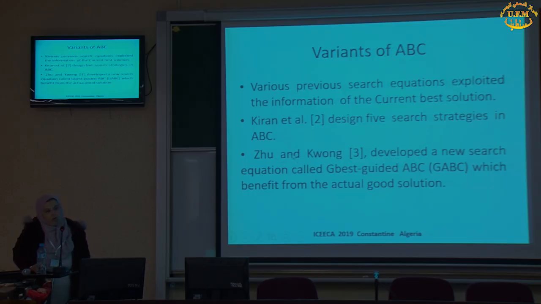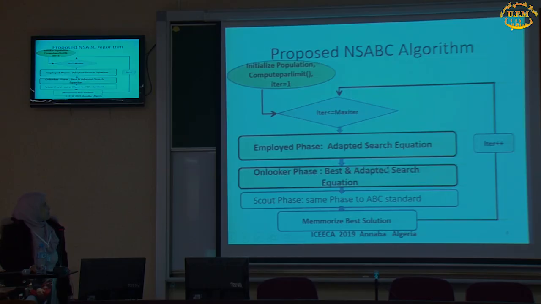We don't claim that our work is the only work done, but this is another approach. Zhu and Kwang profit from the actual best to search in the neighborhood of the actual best and modify the search equation.